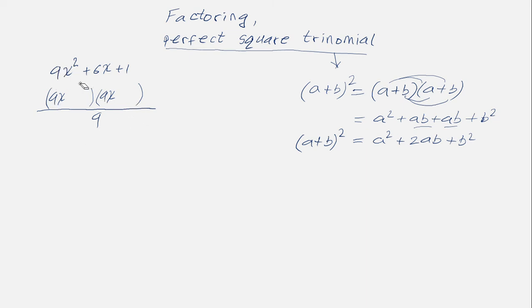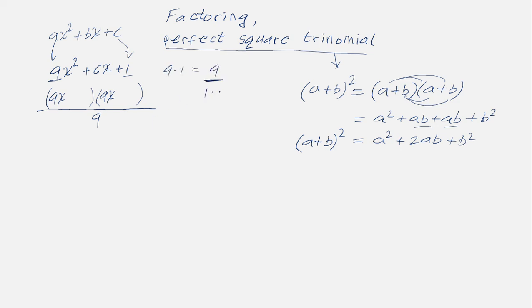And then since the leading coefficient is different than 1, we need to do the so-called AC method, which means we need to get our A coefficient multiplied by our coefficient C, and again that comes from ax squared plus bx plus c. So this is c, this is a. So if we do that, 9 times 1 is 9, and now we need to find factors of 9.